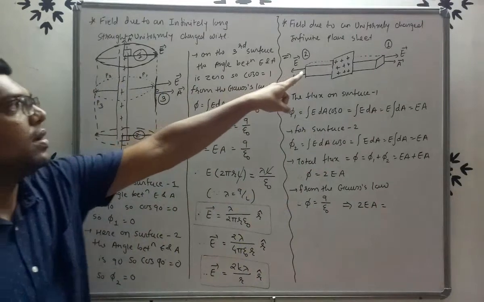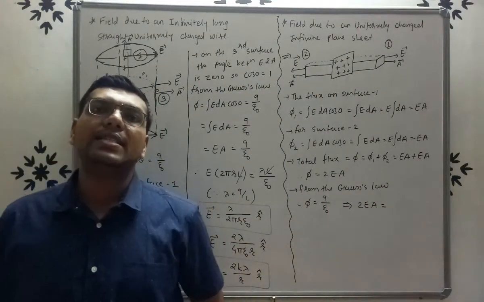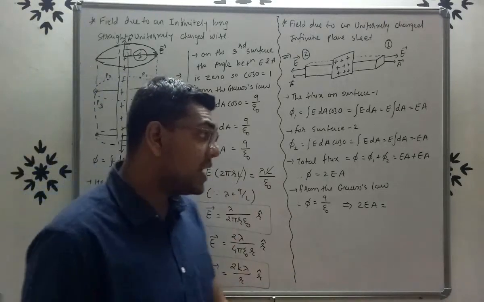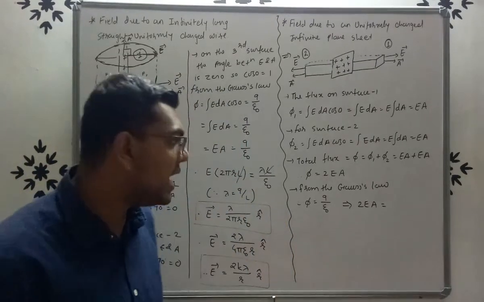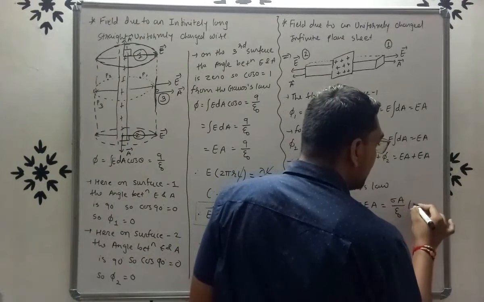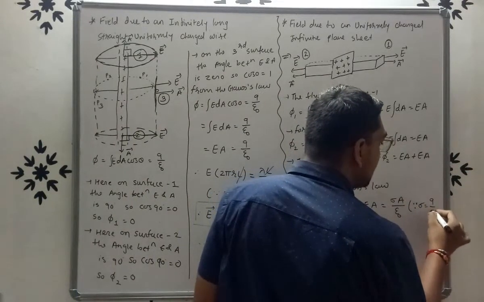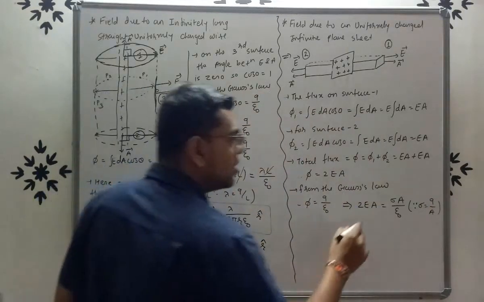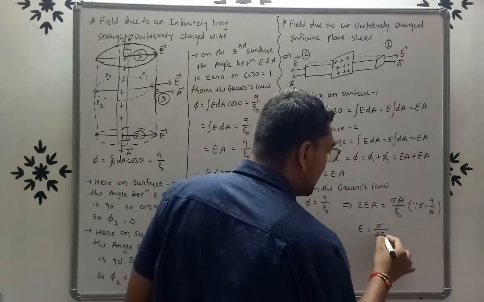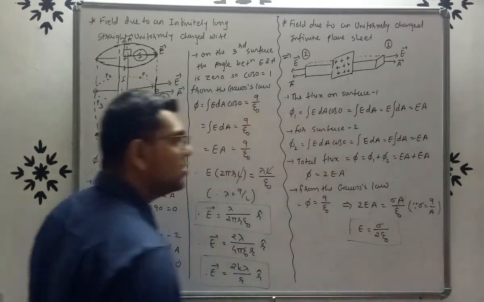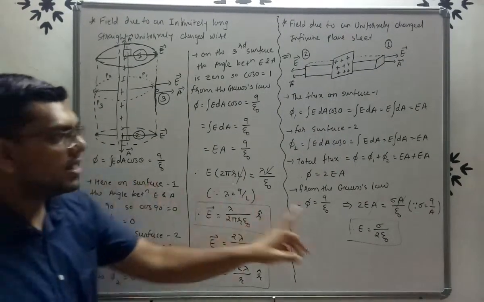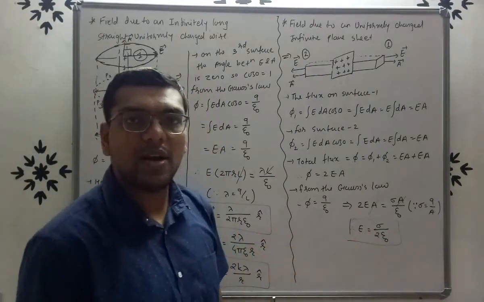But here the plane sheet has a surface charge density sigma, and we know that surface charge density sigma is equal to Q by A. So Q is equal to sigma into A upon epsilon 0, because sigma is equal to Q by A. So here the area cancels, so E is equal to sigma upon 2 epsilon 0. Right. So the electric field due to a uniformly charged infinite plane sheet is E equal to sigma upon 2 epsilon 0.